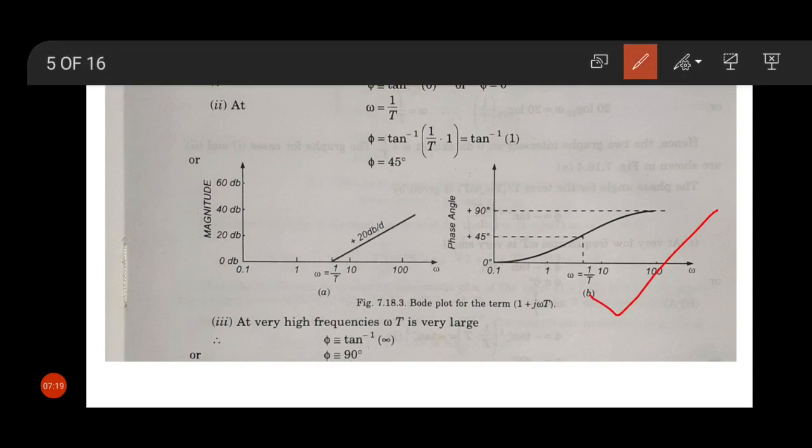When our frequency is low, phi equals 0 degrees. When omega equals 1 by t, phi equals 45 degrees, and at very high frequency, phi equals 90 degrees. Okay, so this is the phase angle plot of our Bode plot.